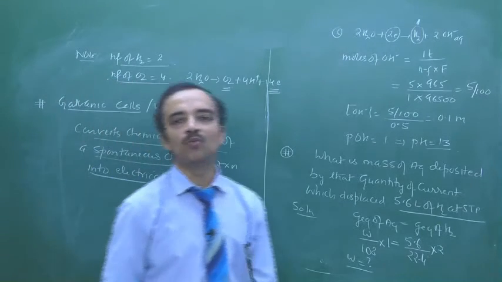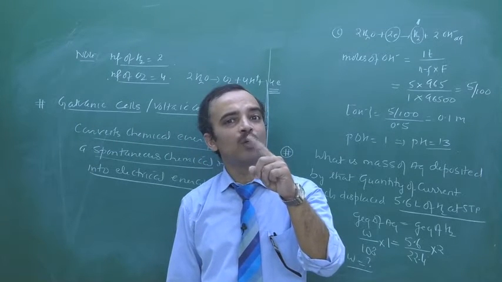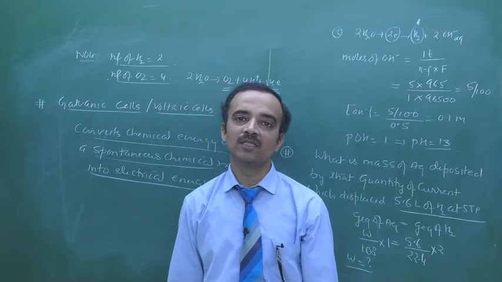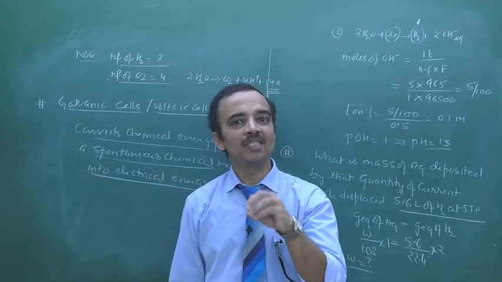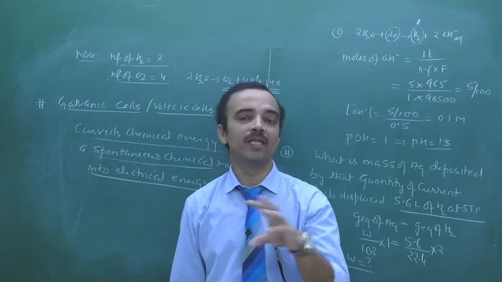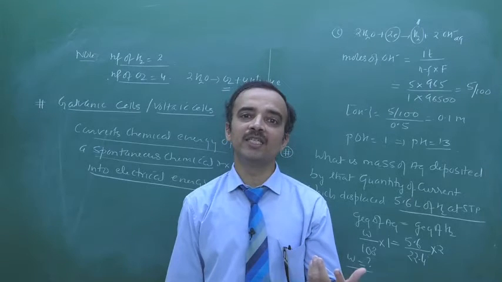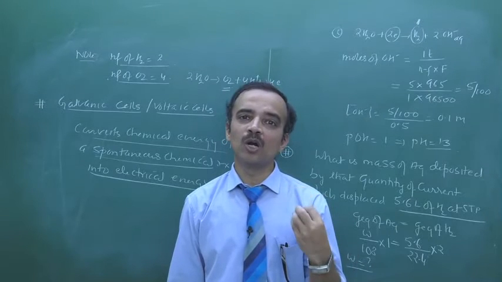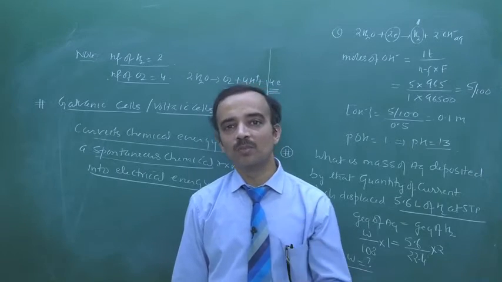All of you should note one point. Beta, in an electrolytic cell we carry out non-spontaneous reactions by providing electricity. They take place only as long as we continue to provide electricity. As soon as we stop supplying electric current, the reaction will stop.